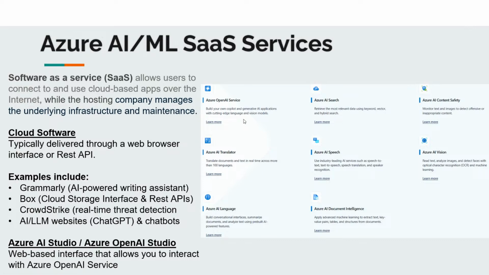We won't cover it in this class, just having everybody aware of what it is. It's really like a gateway to test these different AI models that Azure has, and then build your own applications off of it.